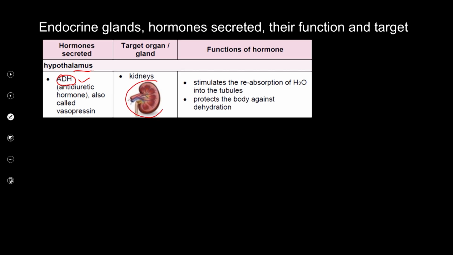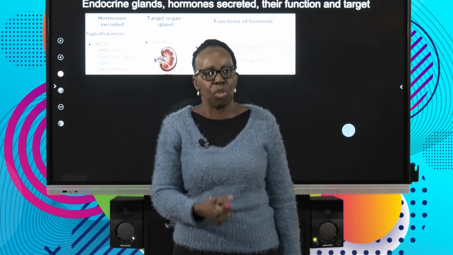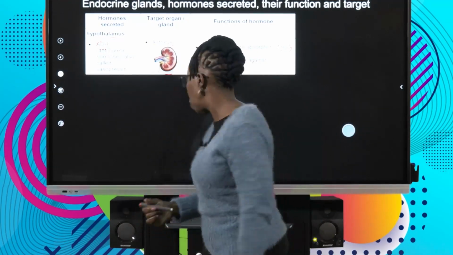It is the kidney. And what is the function of this ADH on the kidney? It stimulates reabsorption of water into the tubules and then protects the body against dehydration. So for the kidney to reabsorb water, it obviously protects your body against dehydration.